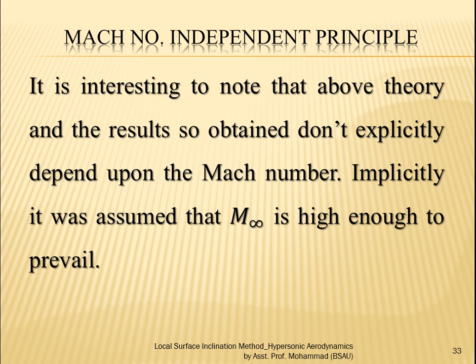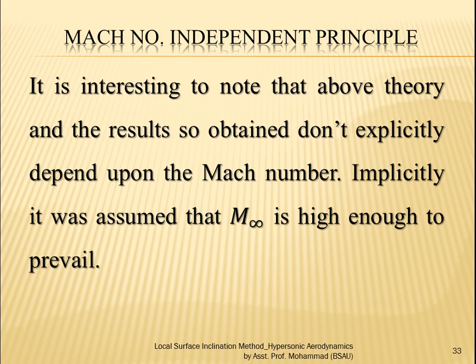It's interesting to note that the above theory and the results so obtained don't explicitly depend upon the Mach number. Implicitly, it is assumed that the Mach number is high enough to prevail. So we believe that the Mach number is very high, but it doesn't appear inside the equation. The Mach number affects it through a thin shock layer.